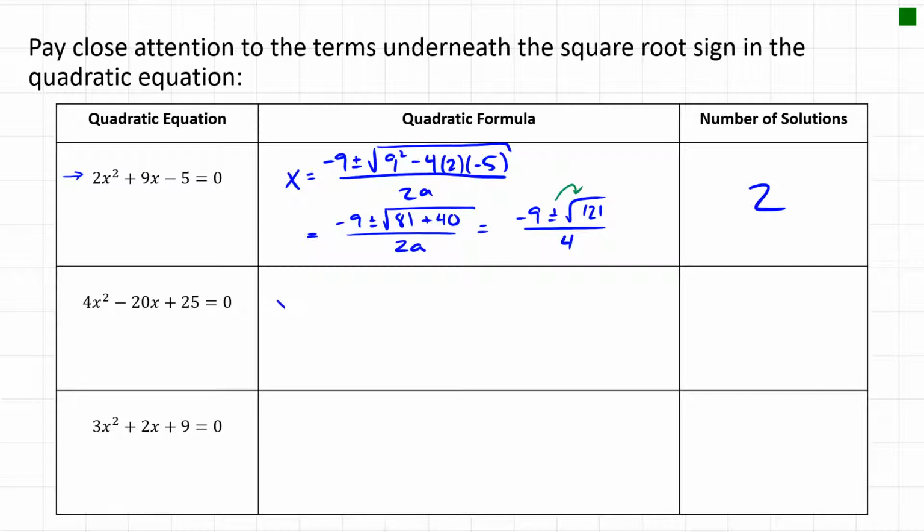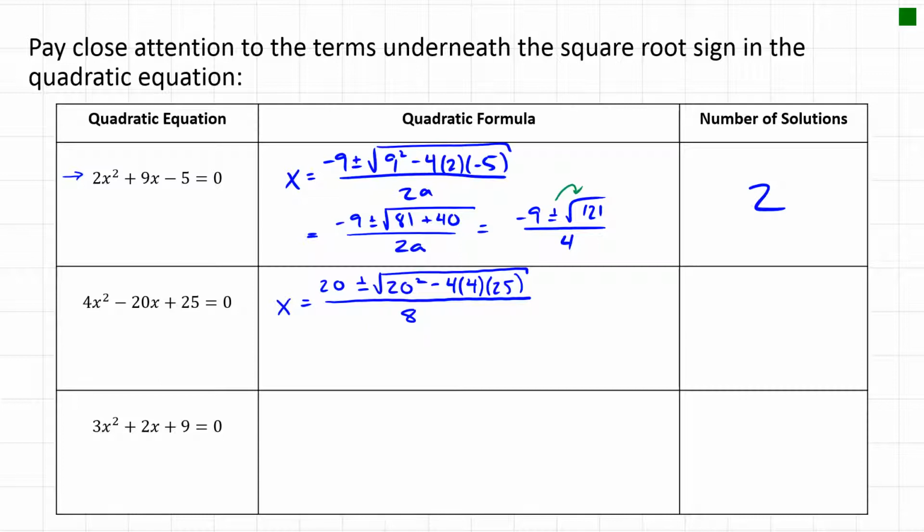Now let me show you another example. x is equal to negative 20, which is positive 20, plus or minus the square root of 20 squared minus 4 times a times c, which would be 4 times 4 times 25, all of which is divided by 2a, which would be 2 times 4 is 8.